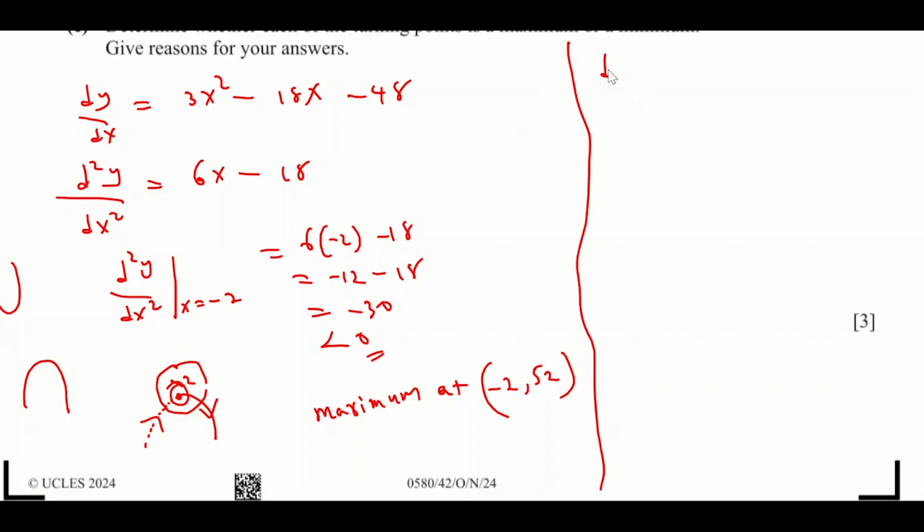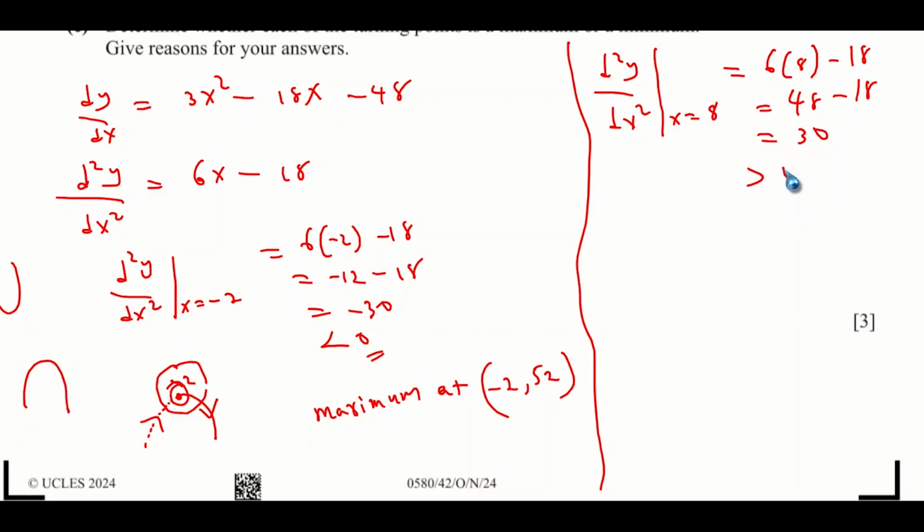So d squared y over dx squared at x equals 8 will be equal to 6 into 8 minus 18. So this will be equal to 48 minus 18, and this will be equal to 30, which is greater than 0.